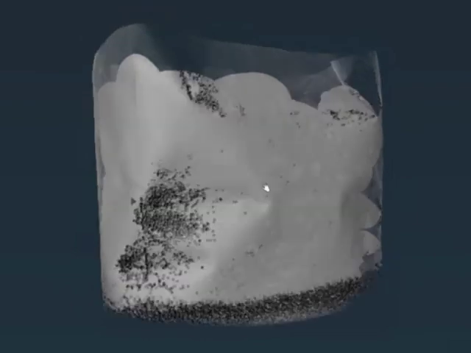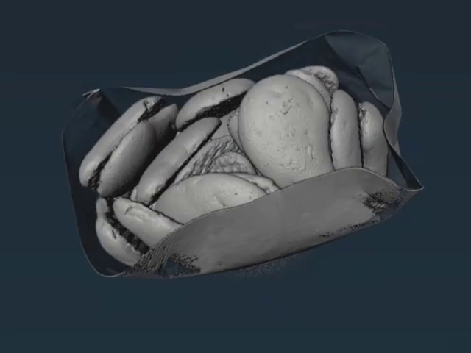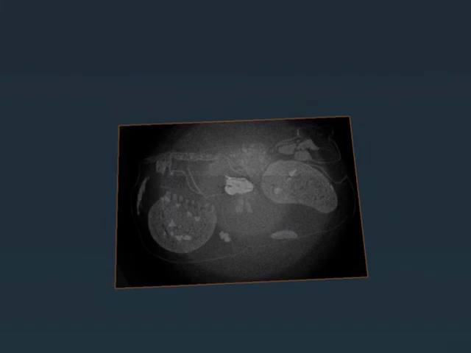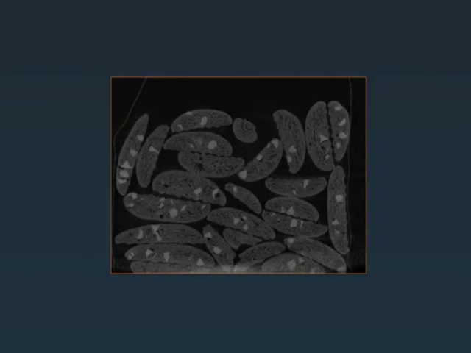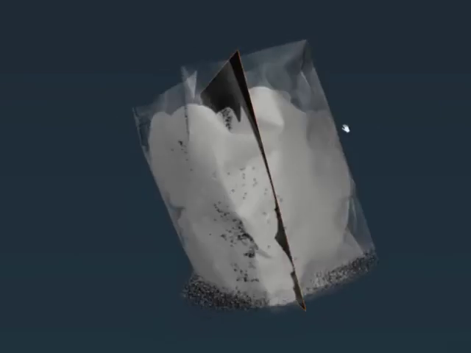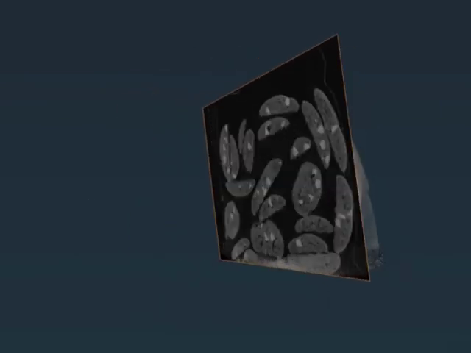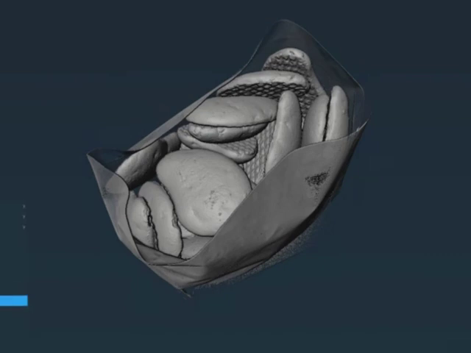Even the bag is no match for the X-rays, so I can see right through the bag, through all the biscuits, and I can see the chocolate distribution through each of the biscuits, which is pretty cool. And we got all these little yellow chocolates.